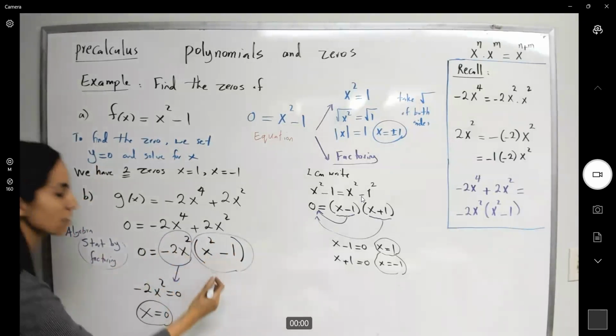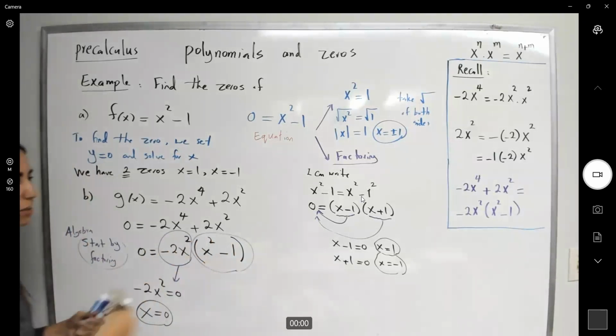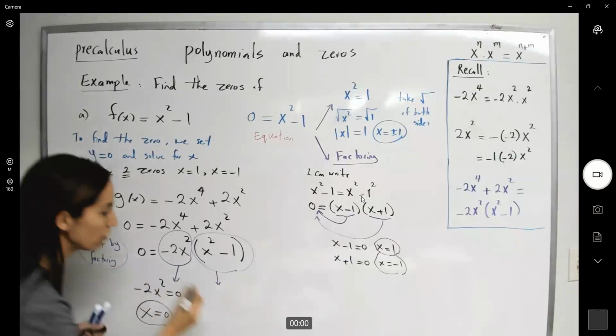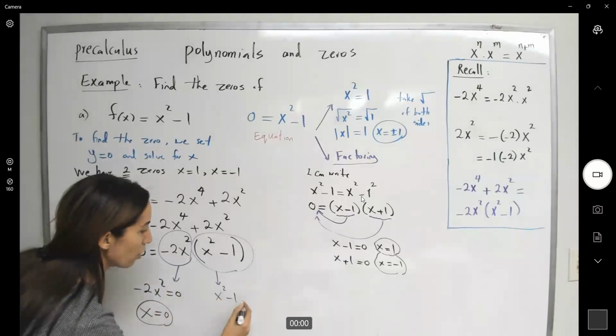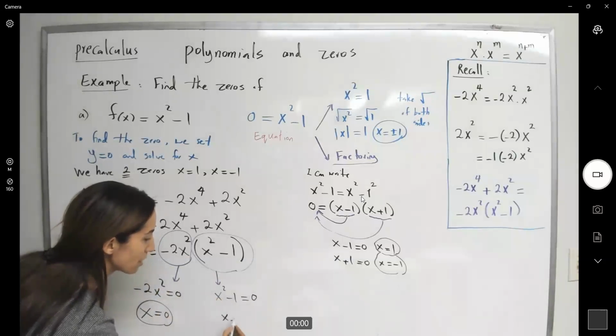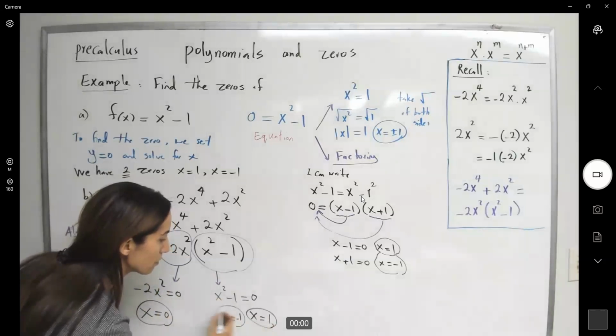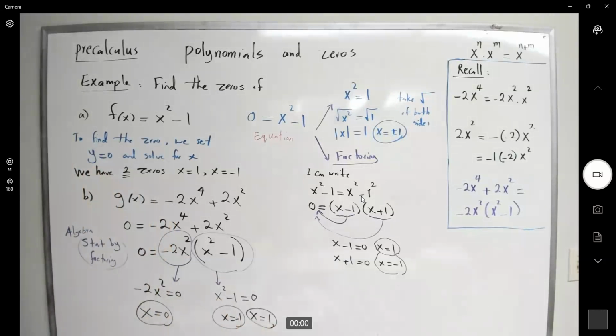X squared minus 1 is equal to 0. We already solved that here. We don't have to go through it again. We already know when we are solving x squared minus 1 equal to 0, x is plus minus 1. So how many zeros do we have? 1, 2, 3. This function has 3 zeros.